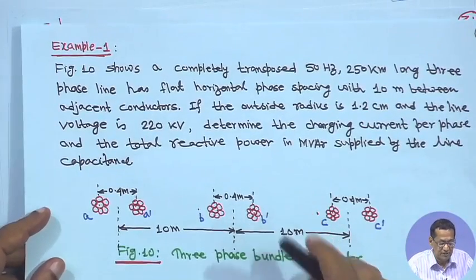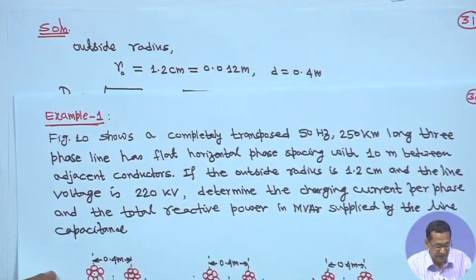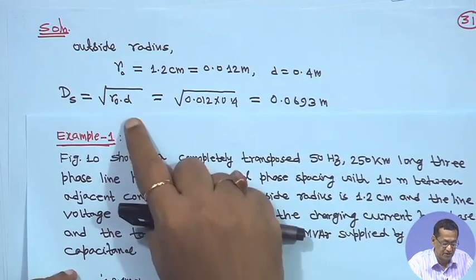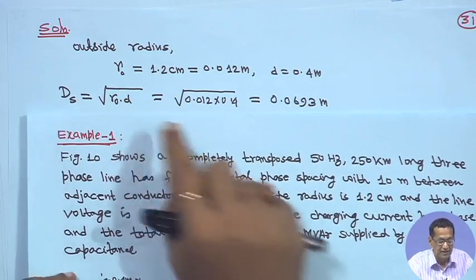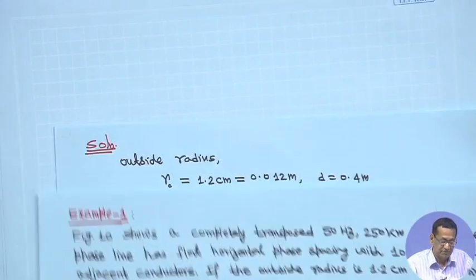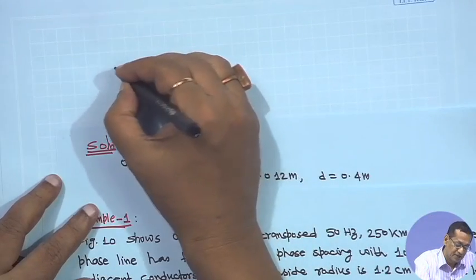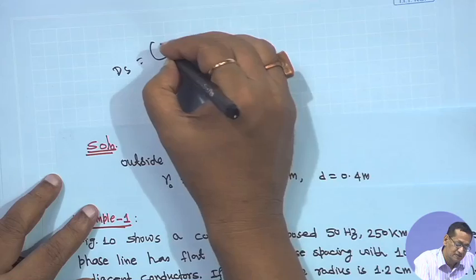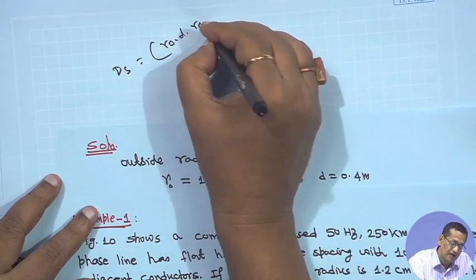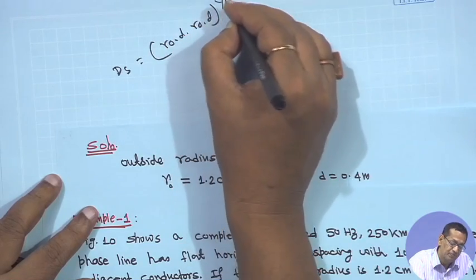In general, ds is equal to r0 into d into r0 into d to the power 1 by 4.